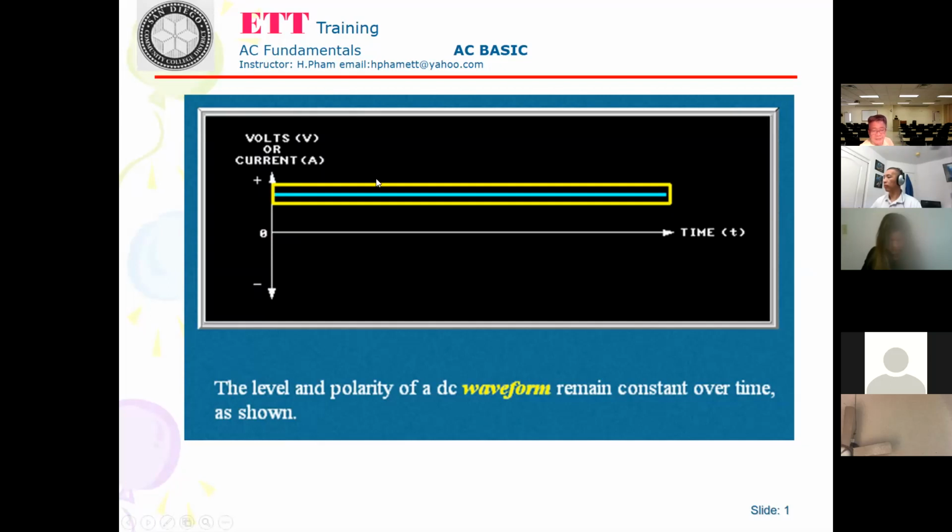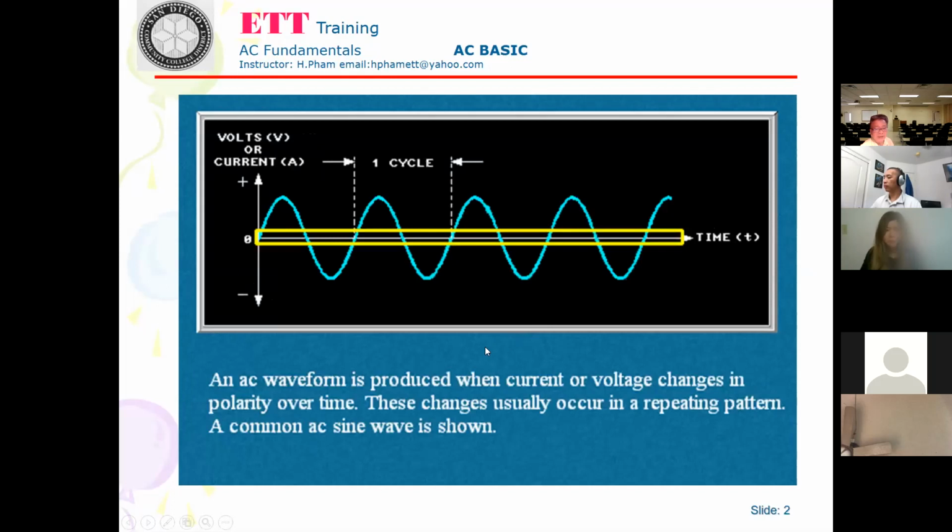Then you see just a straight line, okay? And if you're looking on the oscilloscope for the sine wave, you can see this is a sine wave here, and it can keep going forever. And it will tell you which one is one complete cycle, okay?